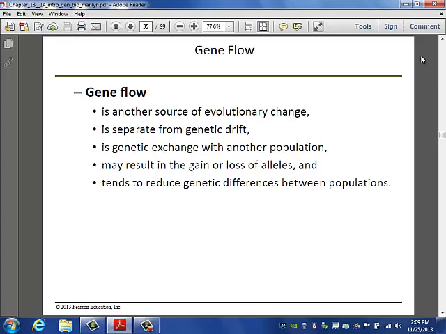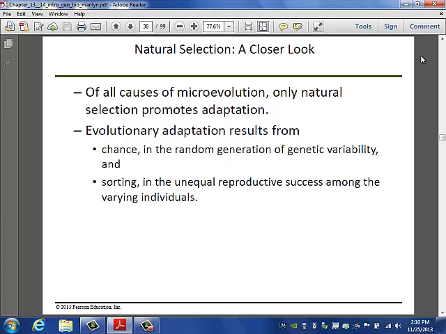It can result in a gain or a loss of alleles and tends to reduce genetic differences between populations. So we get a more uniform group due to gene flow, when we don't isolate groups, when we mix up the gene pool. Does that make sense? Kinda? Sorta? Maybe?